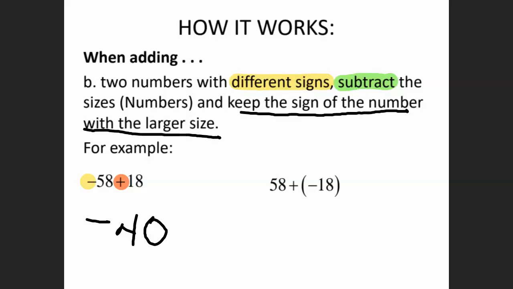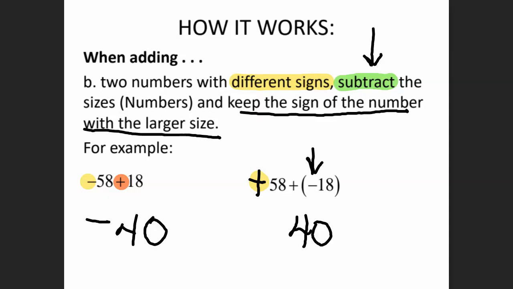That means my answer is negative 40. Now this one, I have a positive 58. This is understood. No sign means this is positive. But this is a negative 18. I'm still subtracting. This will give me 40. But the difference in this example is my answer is a positive 40 because 58 is bigger.